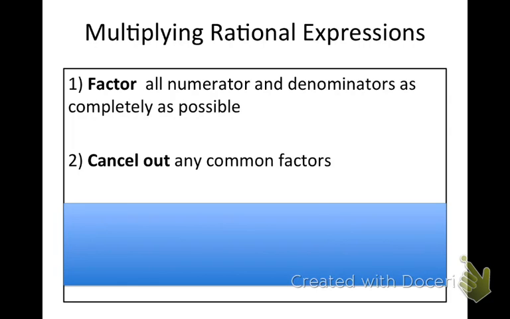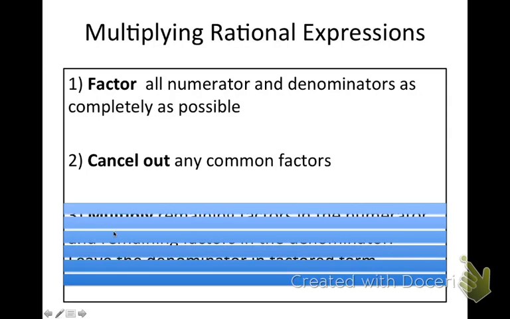Okay, so we're factoring numerator and denominators as completely as possible, just like we did with simplifying to lowest terms. After we've done that, we want to cancel out any common factors, just like we did with simplifying our rational expressions.